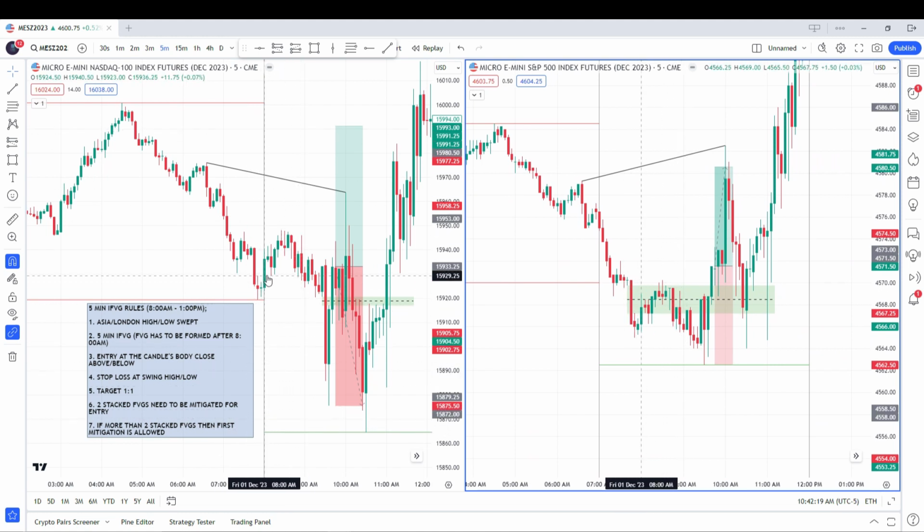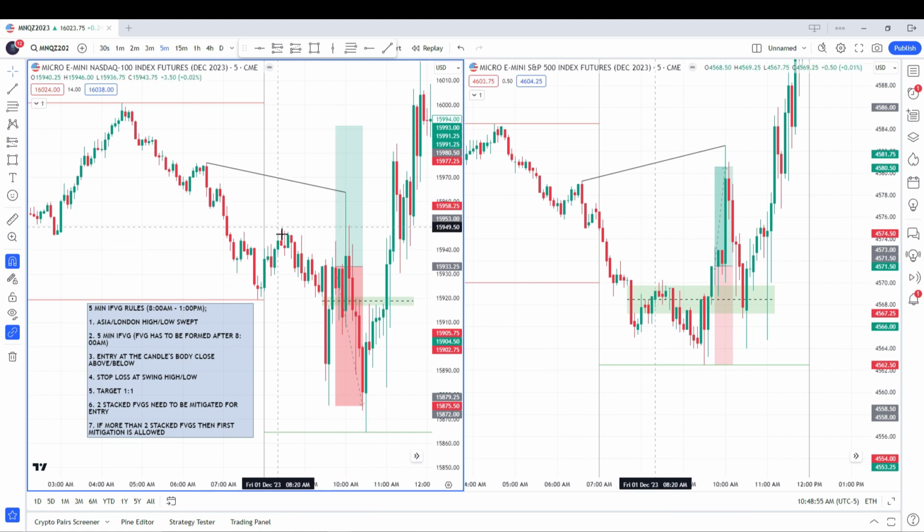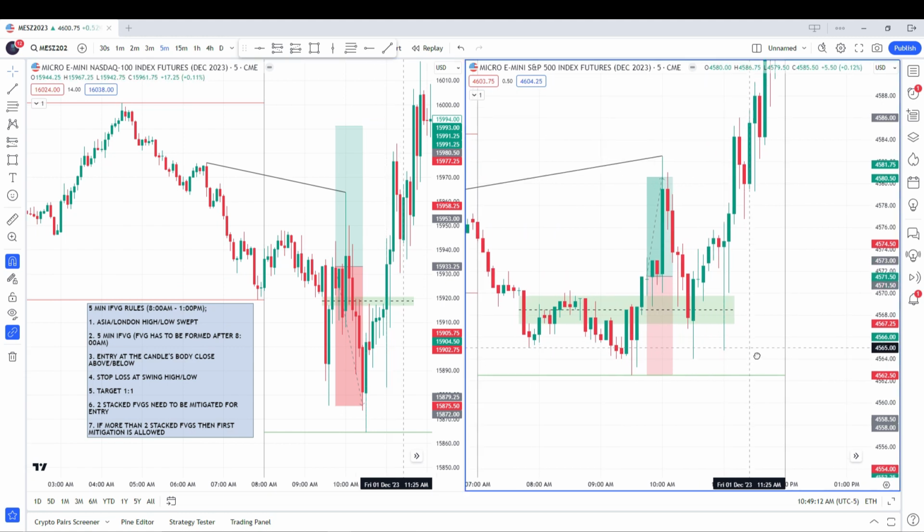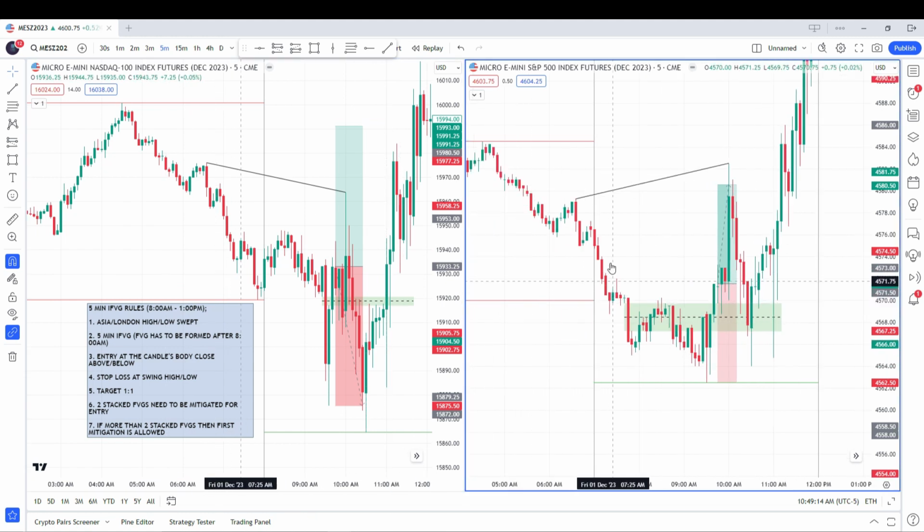And then a fair value gap has to be present and formed after 8 a.m. Once that fair value gap is formed after 8 a.m. and this London and Asia low is swept, the entry is going to be above that fair value gap's close. So, for example, these two right here, let's go with MES.